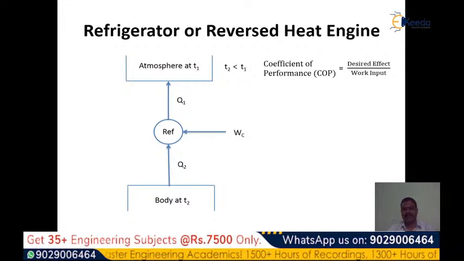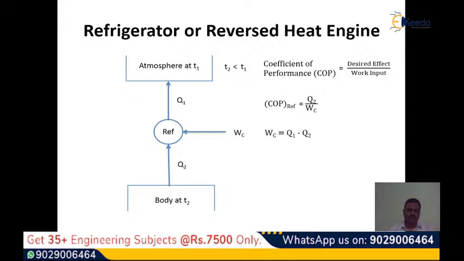Here the desired effect is the amount of heat that is to be removed from the refrigerated space or a body to maintain, divided by work input, which is this WC that is supplied to the compressor.